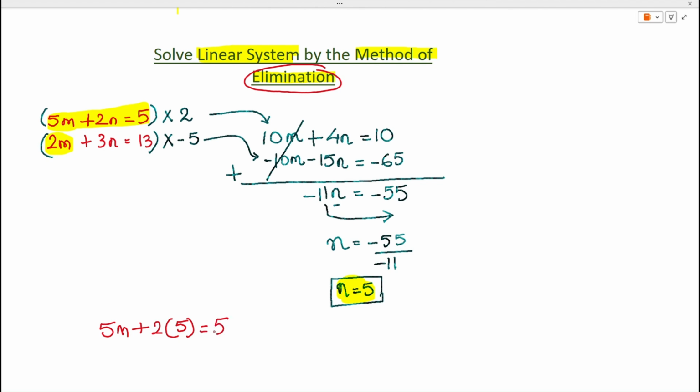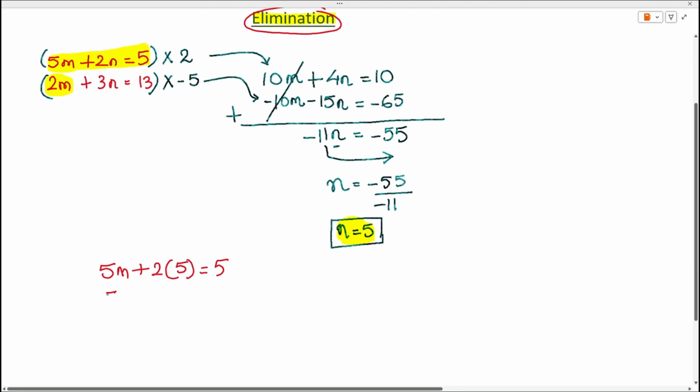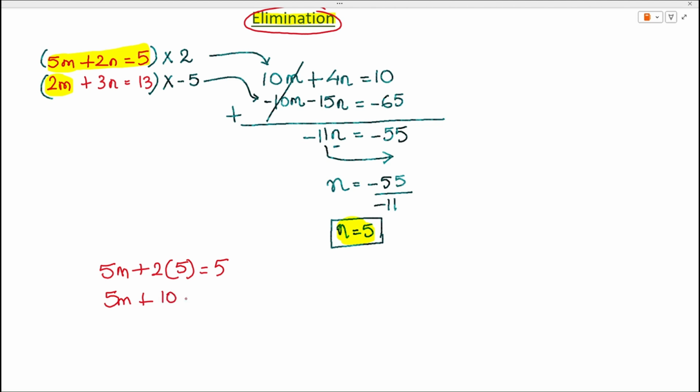Now let us try solving it. 5m plus 5 times 2 is 10, is equal to 5. 5m is equal to 5, and 10 on the other side goes in subtraction. 5m is equal to negative 5, and m is equal to negative 5 over 5. So we've got the value of m, which is equal to negative 1.